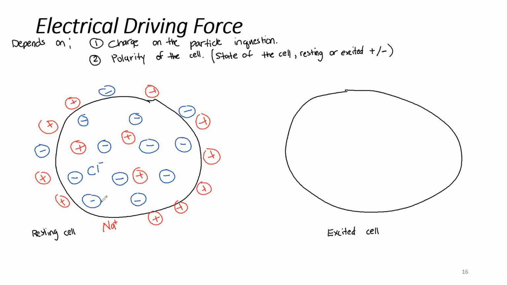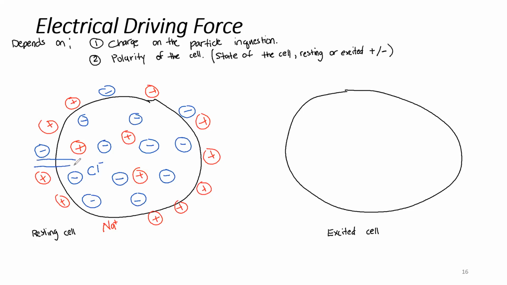So the movement of our particle is going to be outside the cell for a negatively charged anion like chloride, right? It's going to try to go to the positive environment. So chloride is negatively charged. There's an abundance of negatively charged ions inside the cell. And so the electrical force acting on chloride is going to want to move it towards the positive environment, which is on the outside of the cell.